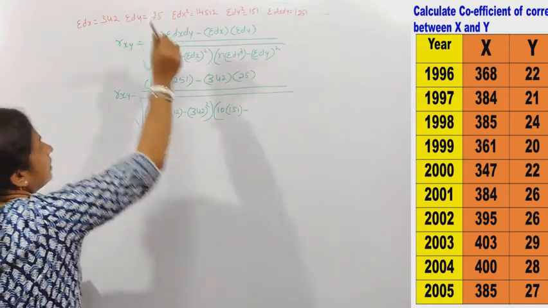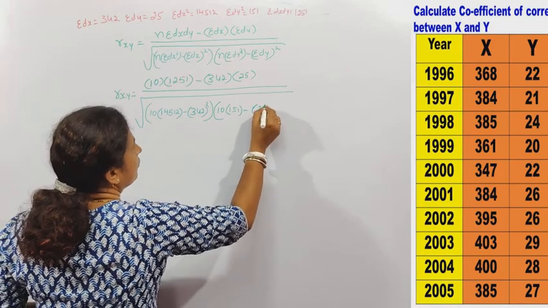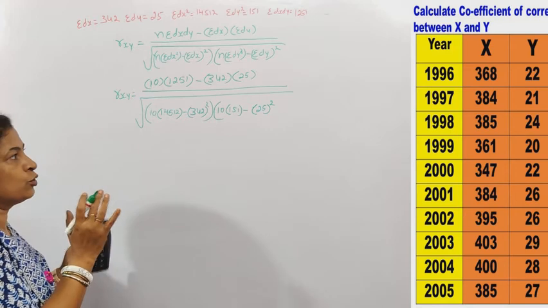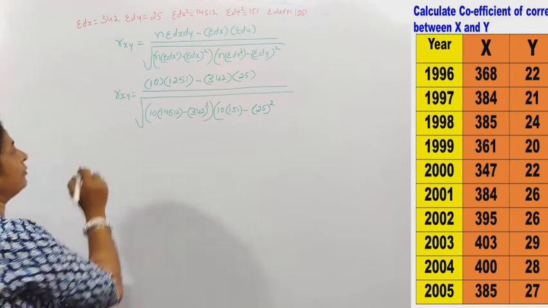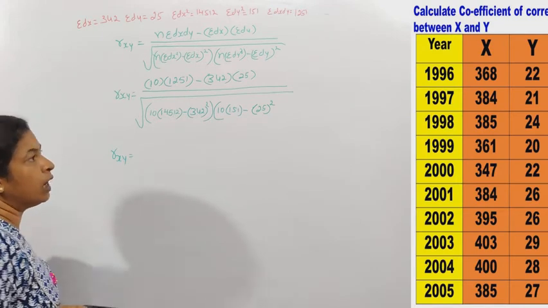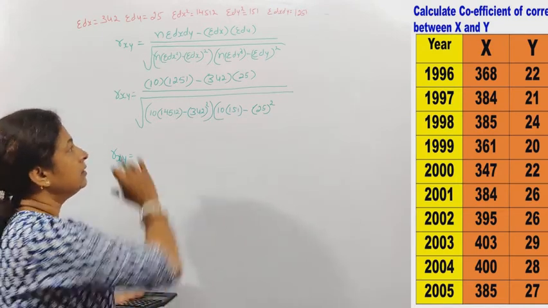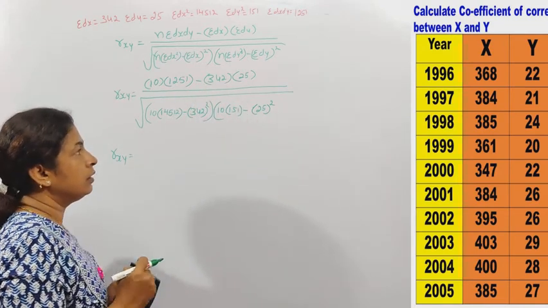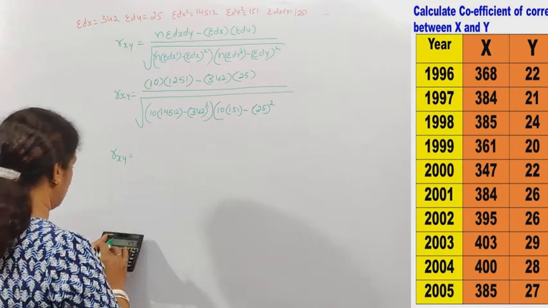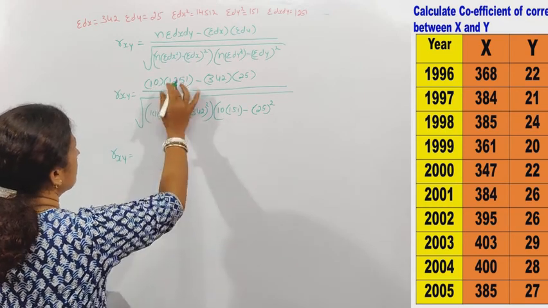Sum of dy, 25, whole square. So after substitution of values you have to simplify. Carefully observe how I am going to simplify these figures, because you may make some mistakes while simplifying the data also. So first let me simplify this.